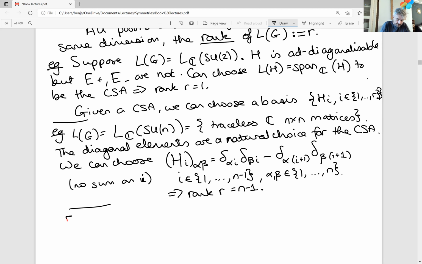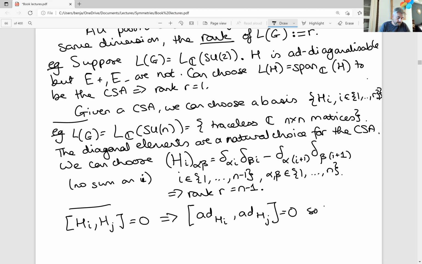So if the Lie bracket of two elements of the Cartan subalgebra is 0, like we're saying, then what this means is that the adjoint representation corresponding to H_i has a 0 Lie bracket with the one corresponding to H_j.